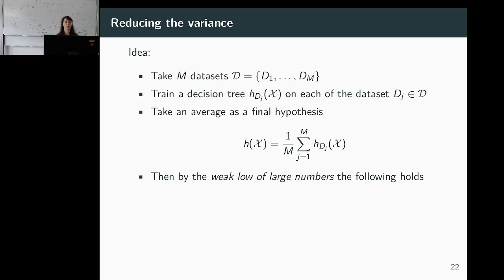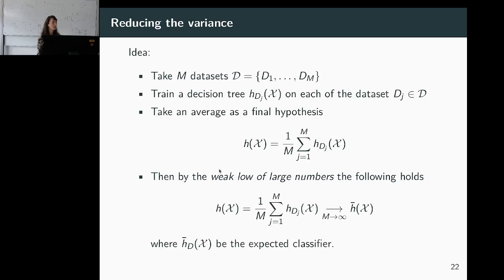So if we had these m data sets, then this idea is really great, actually, because that means that up until some point, you will get really good splits, then you will get bad splits. But if you have several of such bad classifiers, then everything will be averaged out, and you will be fine, because there is this weak law of large numbers, and the following holds.